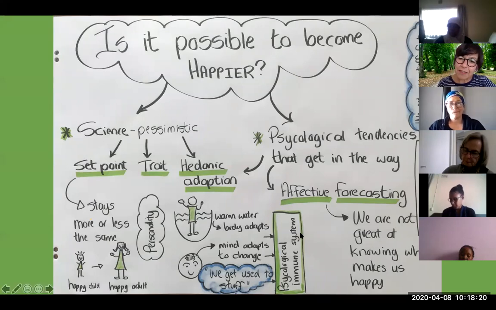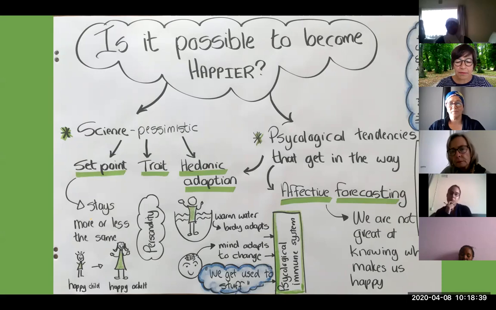So in terms of the effective forecasting, we suffer from what we call an impact bias, and we tend to think, let's say I'm getting divorced and man, I'm never going to be happy again. This divorce has just ruined my entire life and it's going to last forever and ever, and it's not going to pass. But actually what happens is we get over especially negative impacts far, far, far quicker than what anybody actually anticipates.